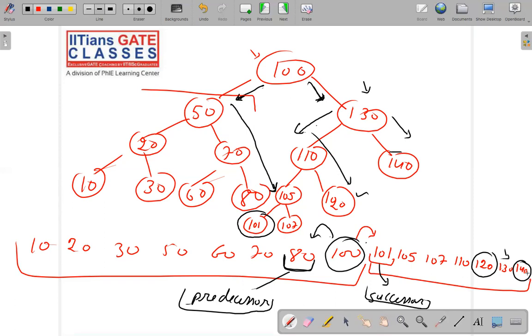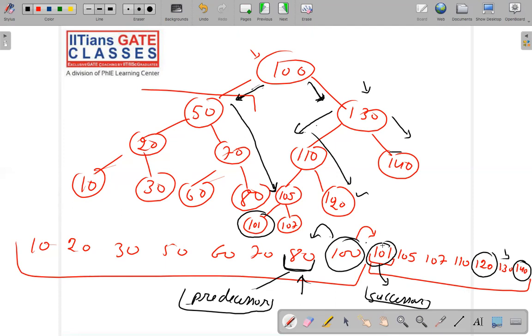Right? Now we are talking about, once we do the Inorder traversal, which node lies on the left side. Take one left and then all the rights, you will reach the predecessor. Take one right and take all the lefts, you will reach the successor.